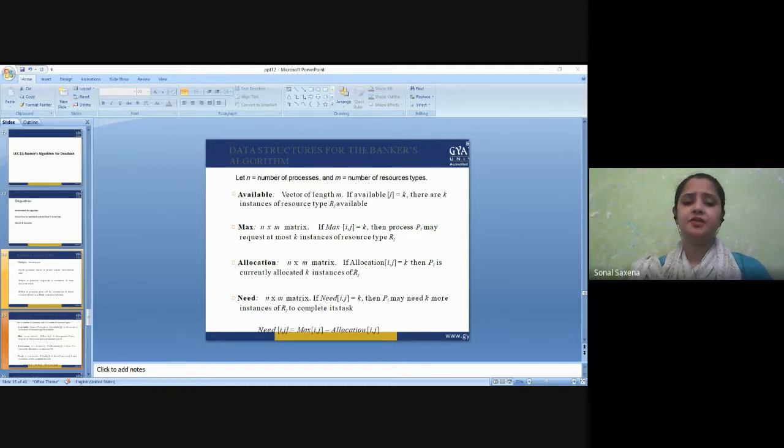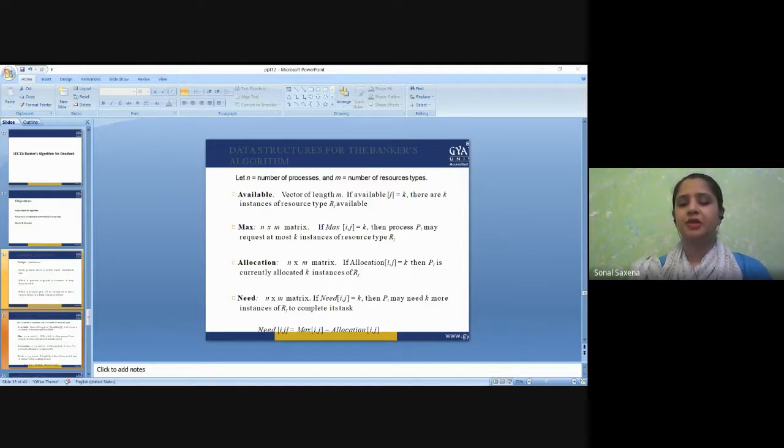Now the basic data structures that we require for the Banker's algorithm are, as I told you: let n be the number of processes in the system and m be the number of resources. These are the things that we require. What is the available number of resources? It can be taken as an array, a vector of length m, which indicates the number of available resources of each type.